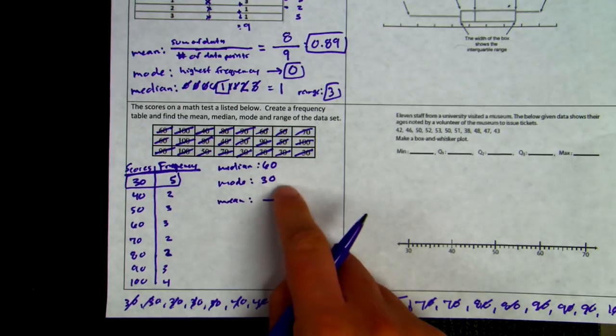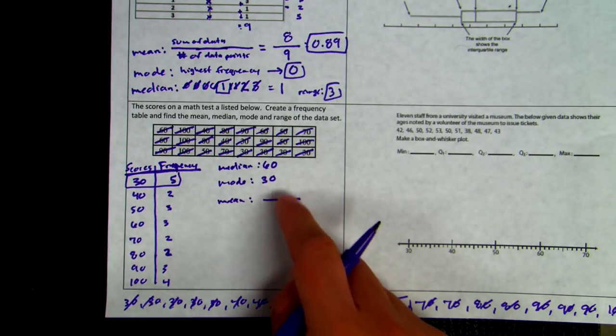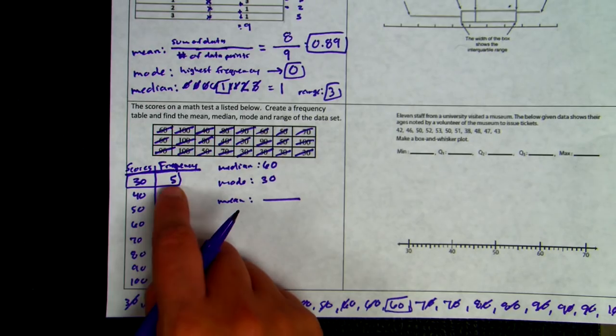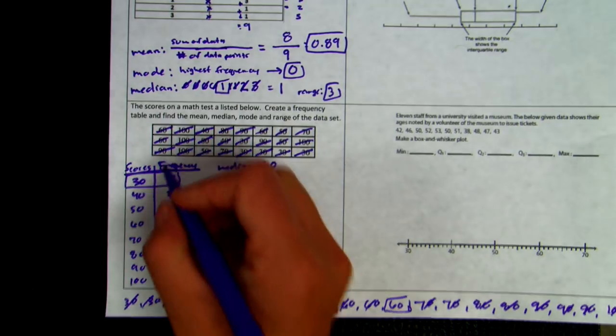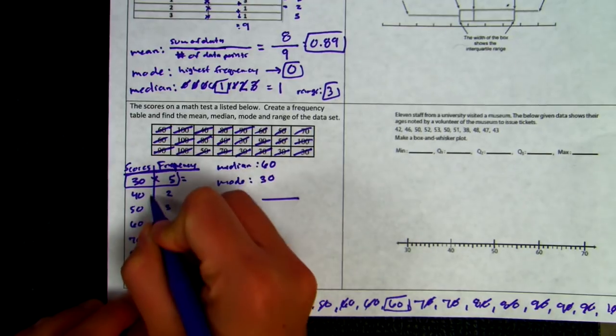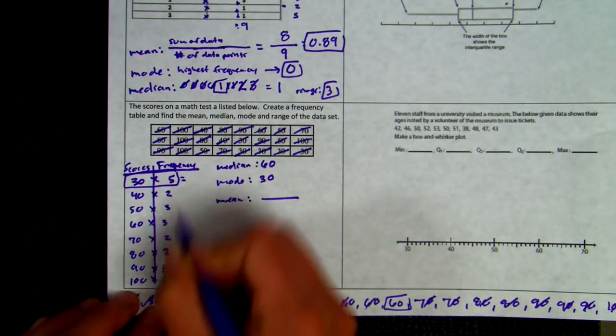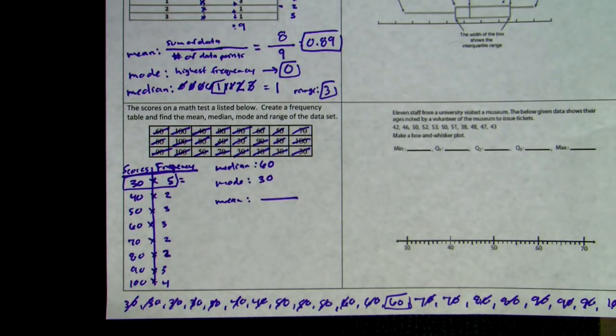Okay, I've got to have my sum over the total number of data points. Okay, so sum, I'm going to do 30 times 5. Remember, we multiply these together to get the sum of our data points. So 30 times 5. I've already done all these over here.